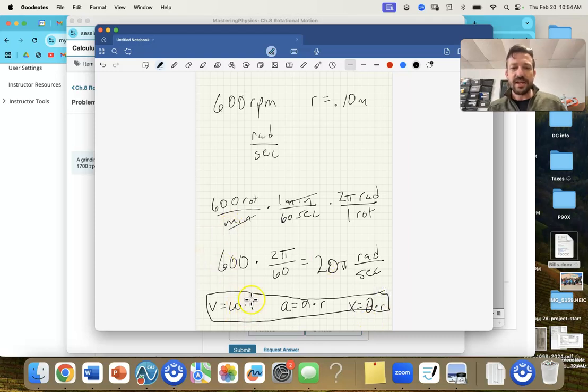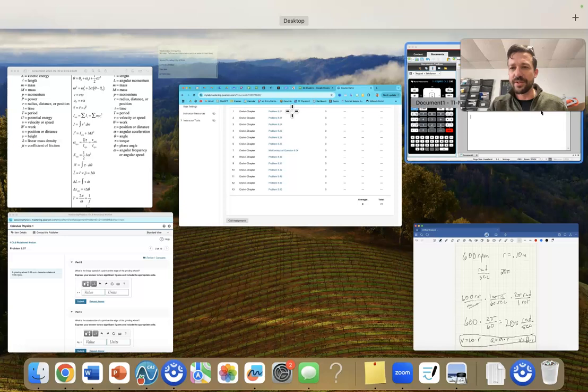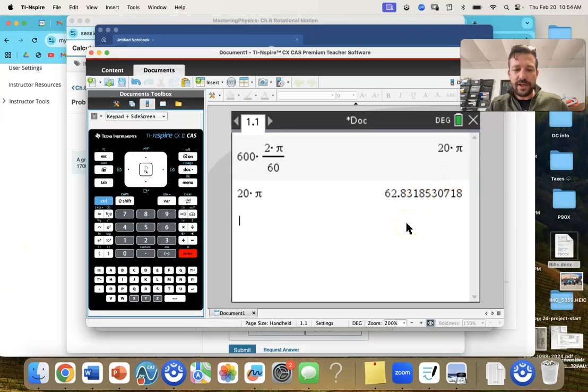Okay? So in this case, in my case, I have 20 pi as my omega times R. So it'd be 20 pi, or 62.8, times R, which my R was 0.10.